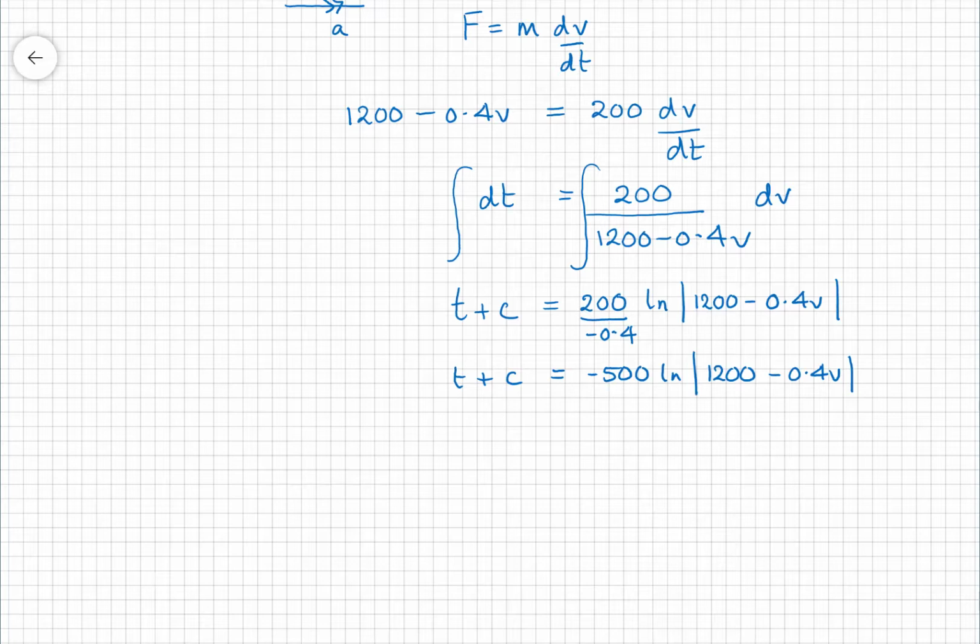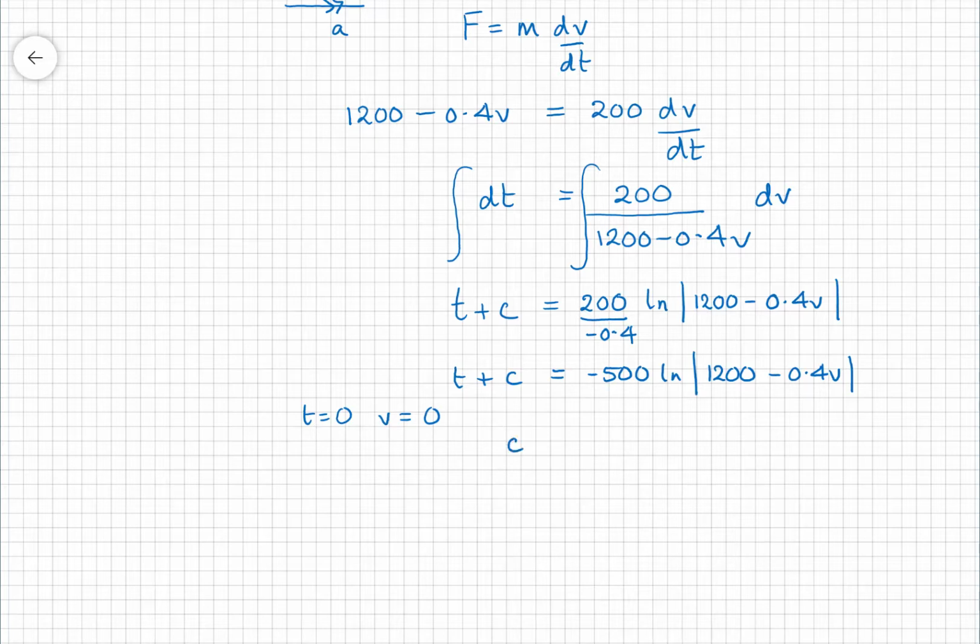Now we're told in the original question that it starts initially from rest. So when t is equal to 0, v is equal to 0, and that will enable us to find c so that we can go on to find our particular solution.